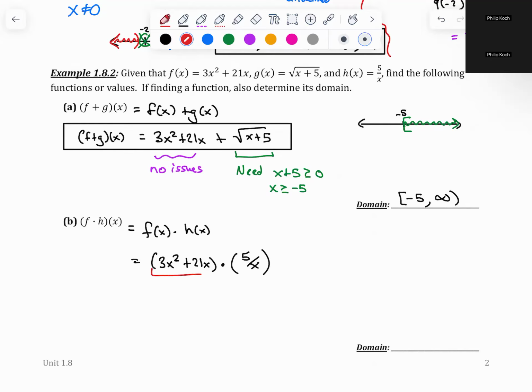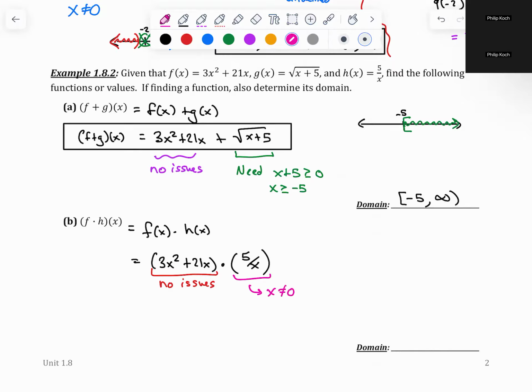The 3x squared plus 21x, there's no issues. Once again, that piece has no issues. You can plug in whatever you want into a polynomial and it will always result in a number. But the 5 over x has an issue. The 5 over x has that x cannot equal 0.